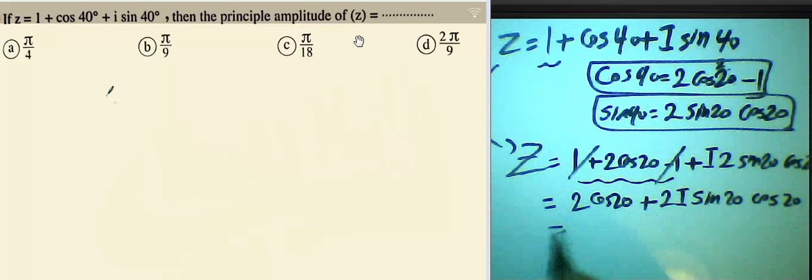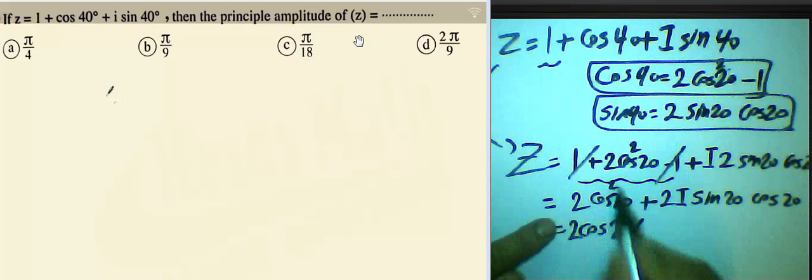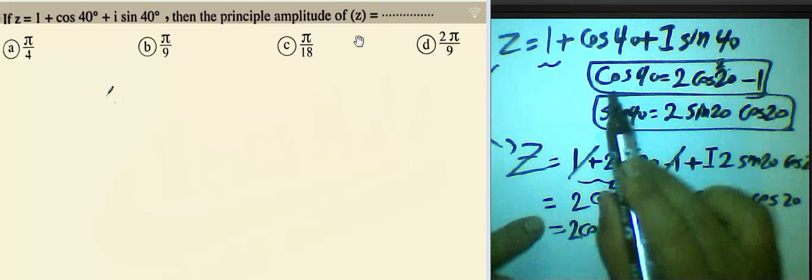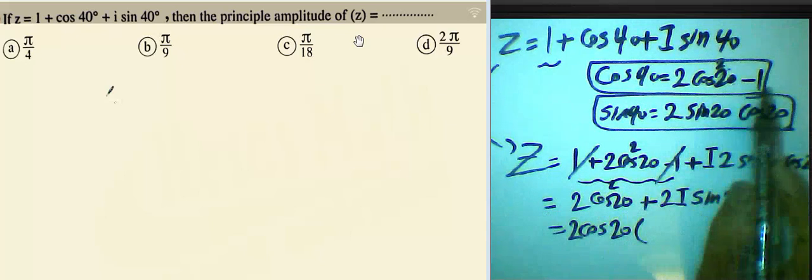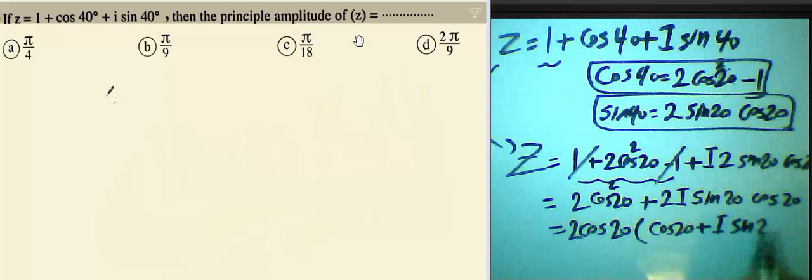Write cosine 20 outside as a coefficient, with 2, and the result will be cosine 20 plus i sine 20.